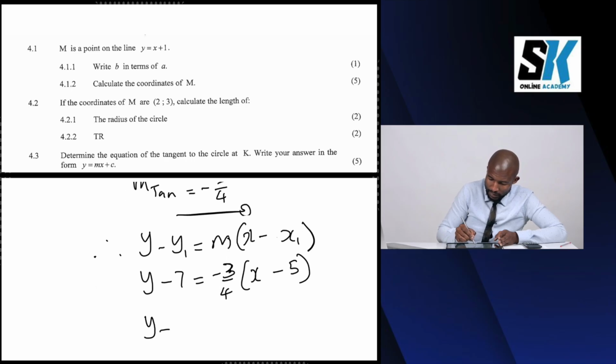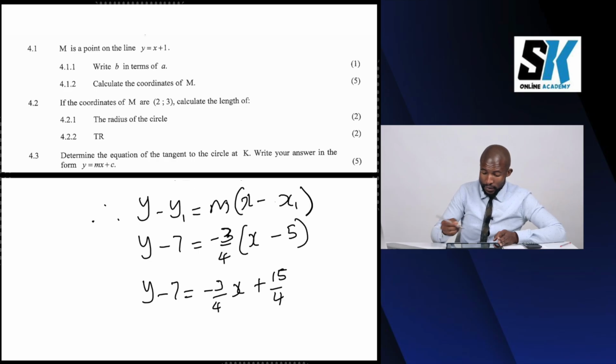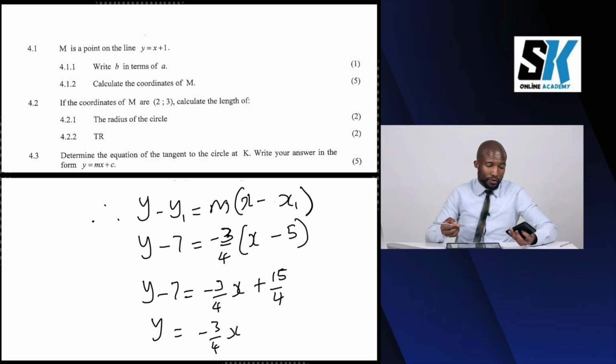So y minus 7 equals negative 3 over 4 x, and then a negative and a negative has to be a positive, so plus 15 over 4, and then you add 7 when you transpose. So y equals negative 3 over 4 x plus 7 plus 15 over 4.